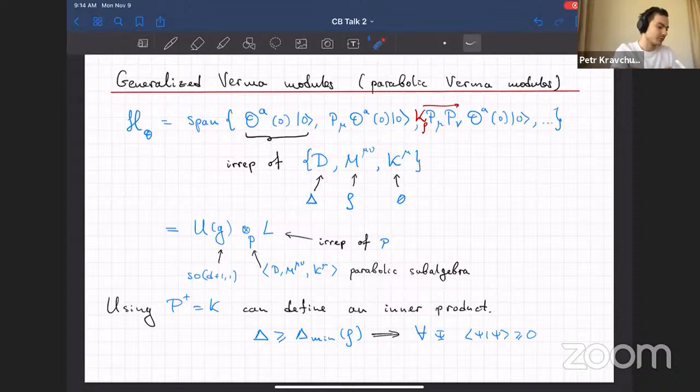The usual Verma module would be the case if our highest weight state didn't have an index, so we had a unique highest weight state, and instead of a parabolic algebra we would use a Borel subalgebra, and L would be one-dimensional.